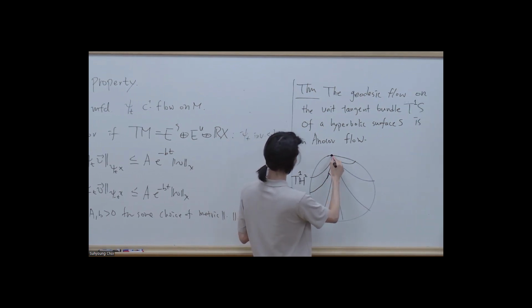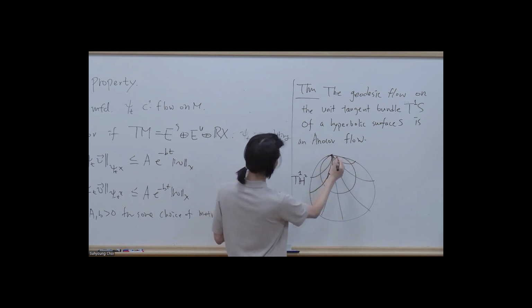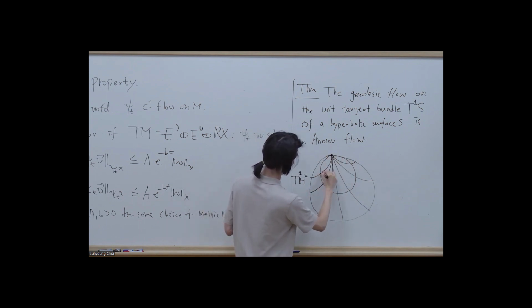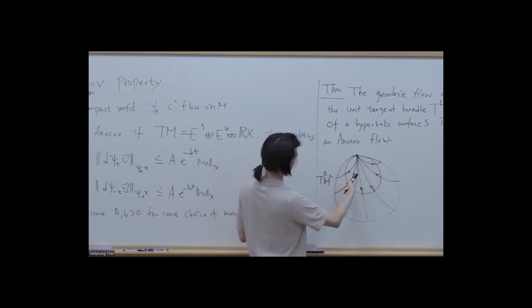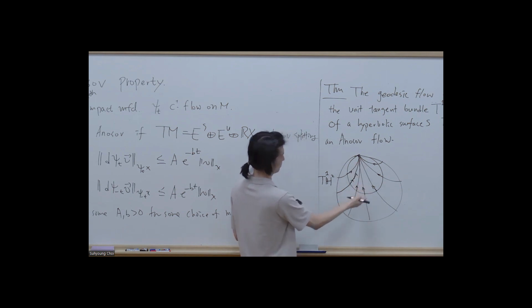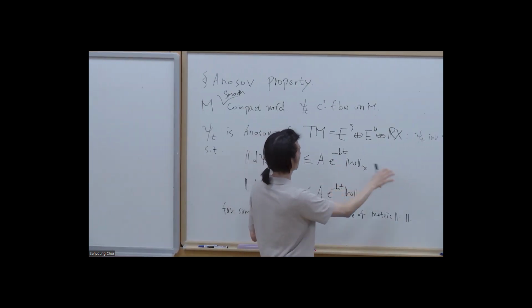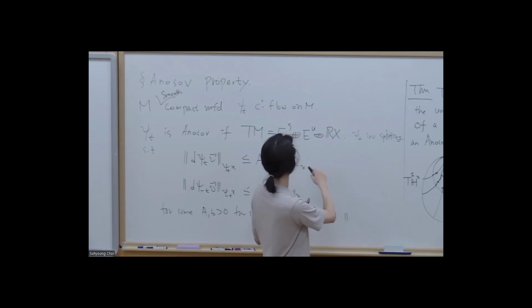Let's draw some cycle at this point, and we see the perpendicular vectors there. When you flow in the forward direction, the relative distance between two vectors just decreases. So this is how we get the stable direction of your Anosov flow.